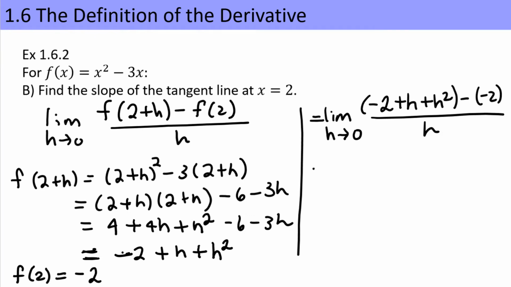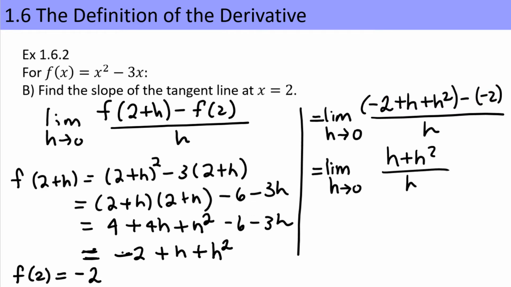Let's simplify the numerator. So we'll have the limit as h approaches 0 of −2 + h + h² − (−2). The constants cancel, and we are left with h + h² in the numerator divided by h.